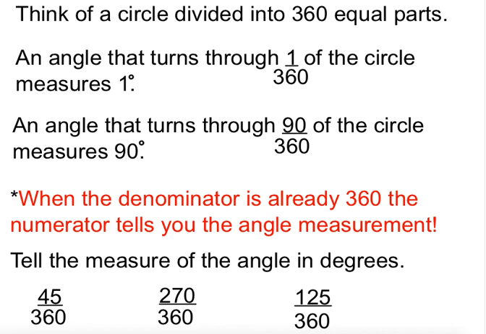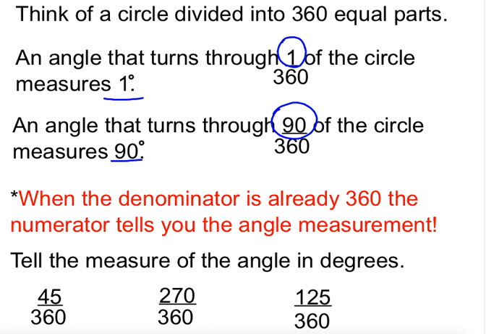So when the denominator is already 360, the numerator tells you the angle measurement. So 1 degree, 90 degrees. And that's very important because really no work has to be done when the denominator is already 360. We just look to the numerator and that tells you the measure of the angle in degrees.